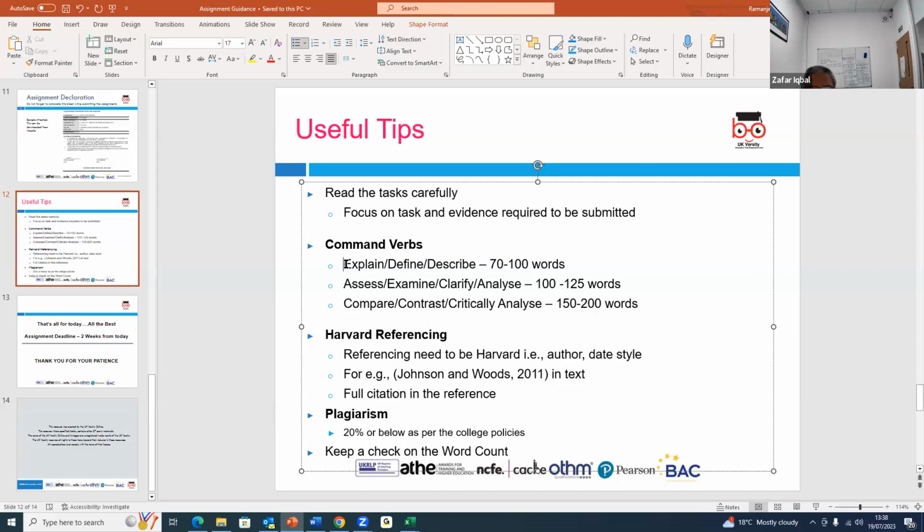As you get a little bit more into higher stages, explain in probably stage 3 is fine, or maybe in stage 4, that's okay. But when you go over to say 5 and 6, level 6, then you are getting into the category of assessing, examining, clarifying, analyzing and evaluating.